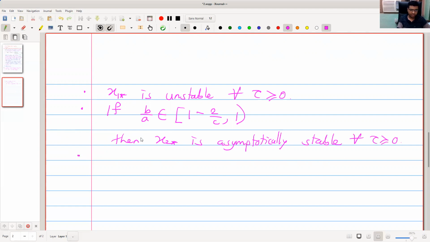for all delay values. Next result. So here b by a was greater than or equal to 1 minus 2 by c. Now we are assuming that it is less than 1 minus 2 by c. Okay.